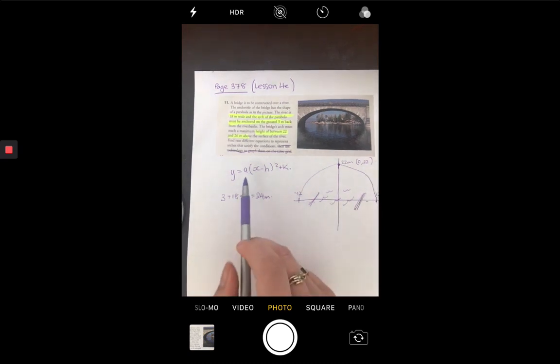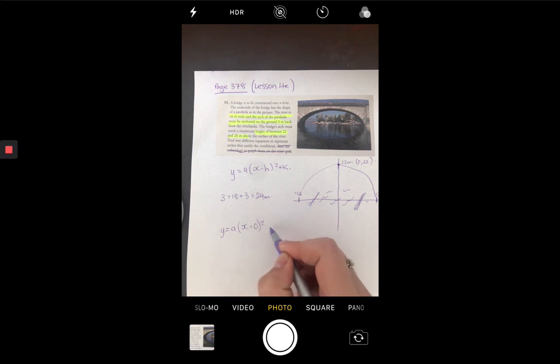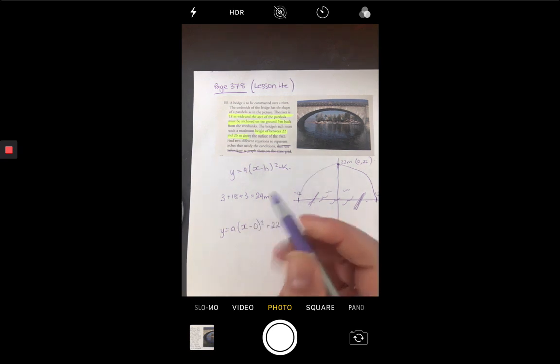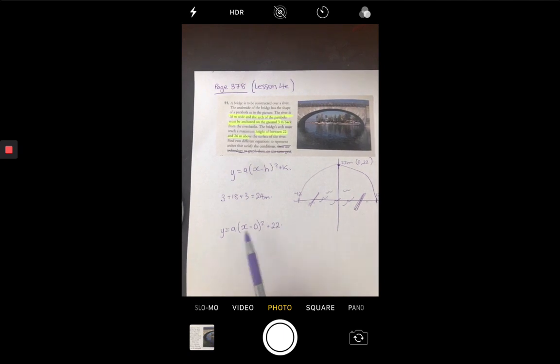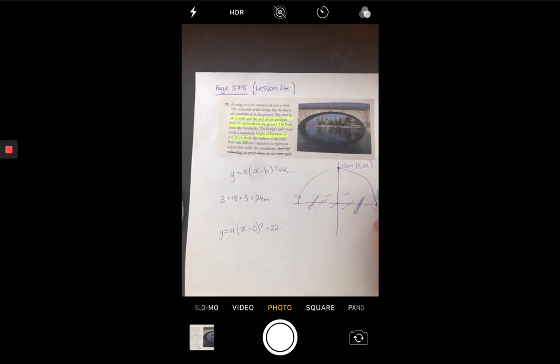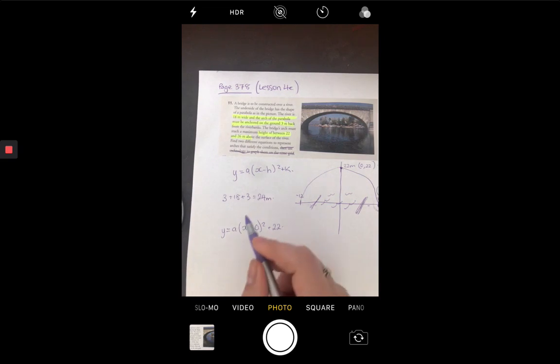So I can put that straight into my vertex equation here. Y equals a(x minus 0) squared plus 22. Now I need one other point so I can find my a. So I'm just going to choose this point right here, which would be 12, 0. I'm going to put that into my equation so I can solve for a.